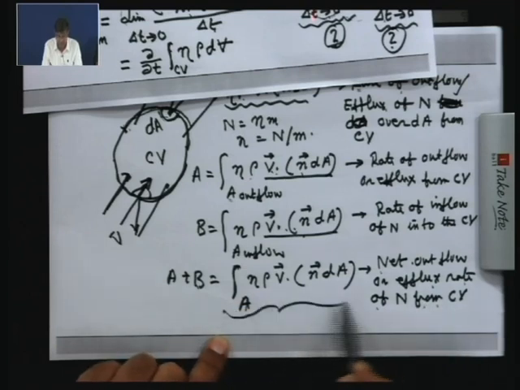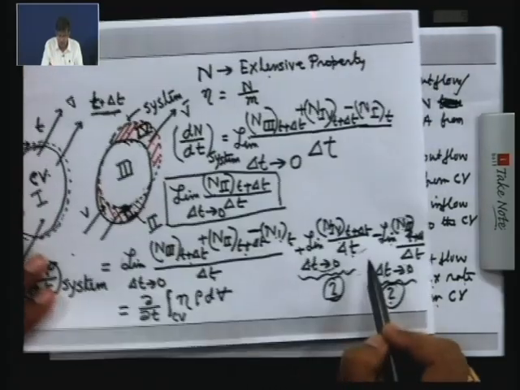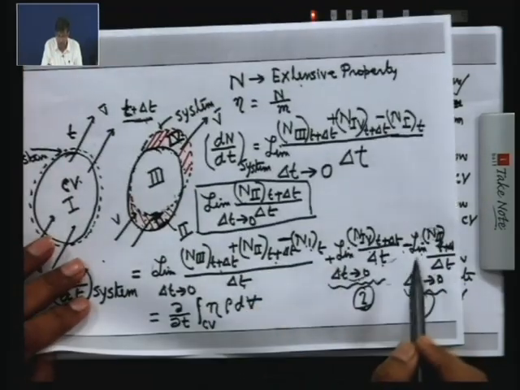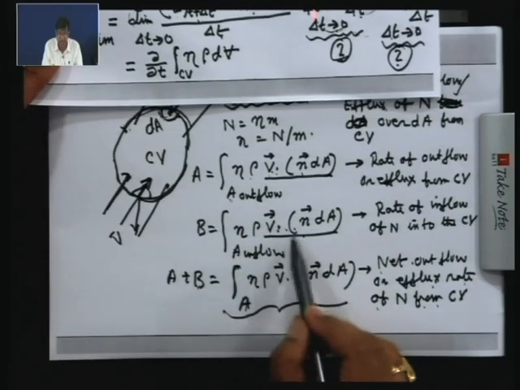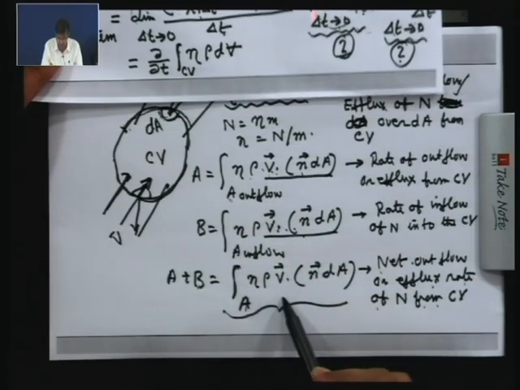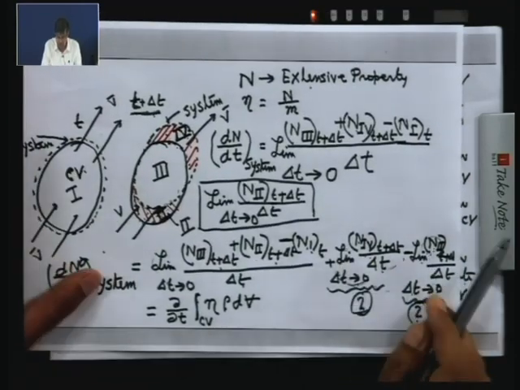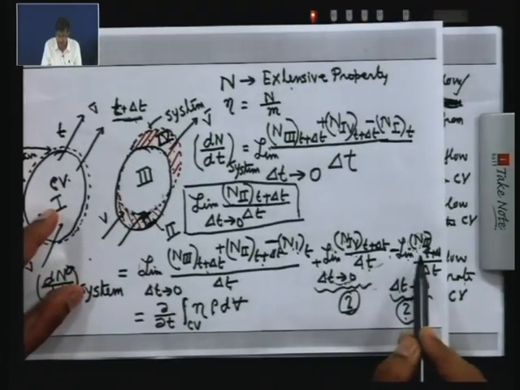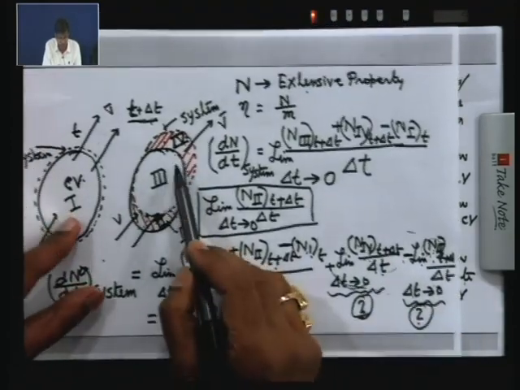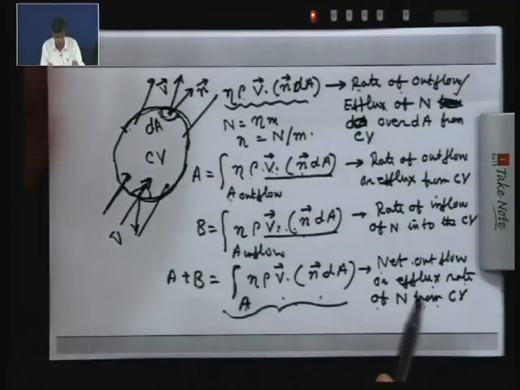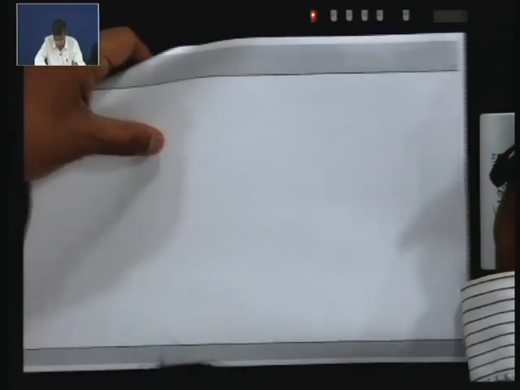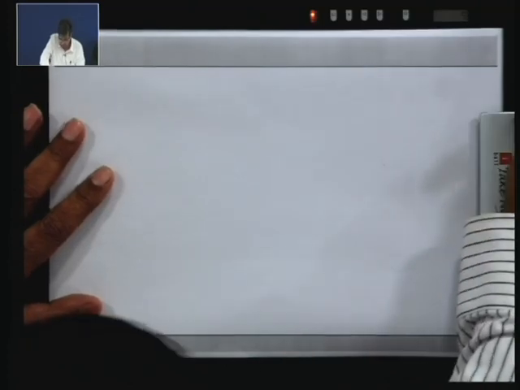That means this plus this with a minus sign, because here the sign is automatically taken care of. So this minus this represents the net rate of efflux of n from the control volume. Now I write this thing like this; you can understand that this takes more time. This is the time rate controlling process.